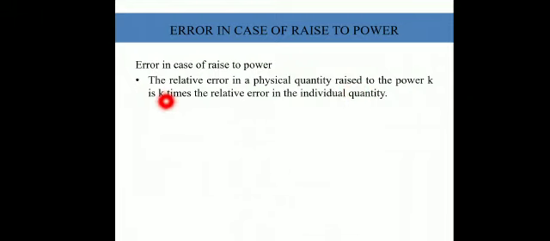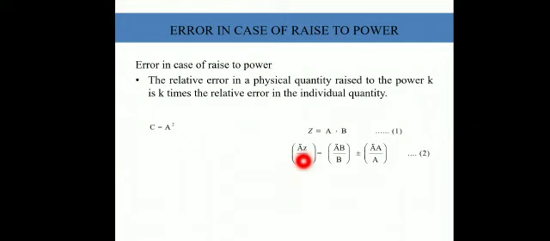So for example, let's say we have to calculate C. C is nothing but A square. So what is A square? A square is A into A. But we have already seen that when two properties are multiplied, the error becomes like this: delta Z by Z equals delta B by B plus delta A by A. If two properties are multiplied, the relative error in the final answer is the sum of the relative errors in the individual properties.